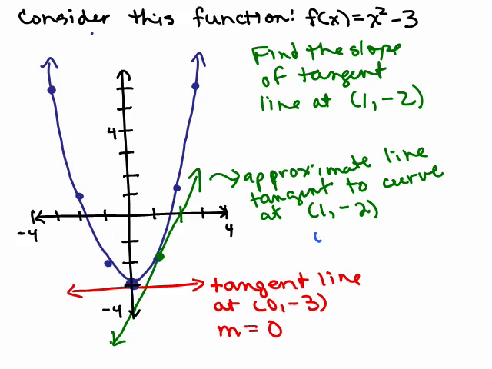We came up with y equals 2x minus 4 for that tangent line, and actually that's what it looks like. It looks to me like it did go through a y-intercept of negative 4 with a slope of 2. That was an approximation. We could have been off a little bit, but for my picture we sort of get the idea. So the slope of the tangent line was 2, and the actual equation, if we wanted to use the point slope formula, is as we found.